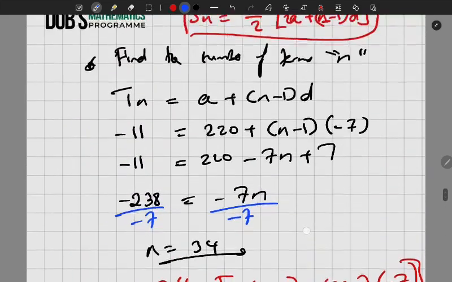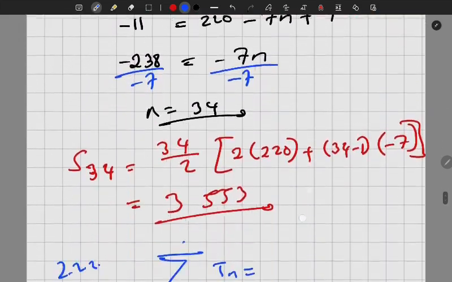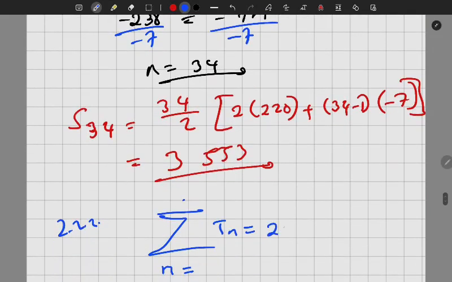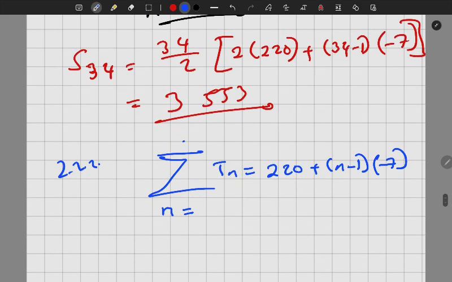We know that Tn would be a, which is 220, plus n minus 1 times d, which is minus 7. In fact, we can simplify this, then we'll get a minus 7n. 220 plus 7 is going to be 227. So Tn would be minus 7n plus 227.